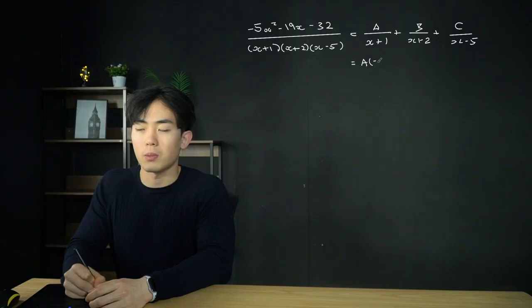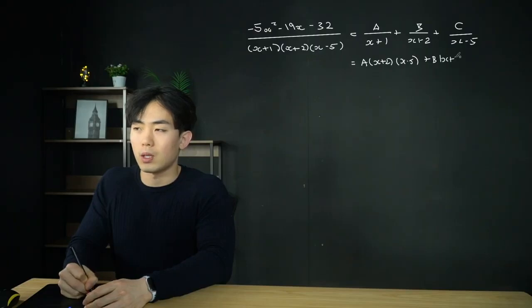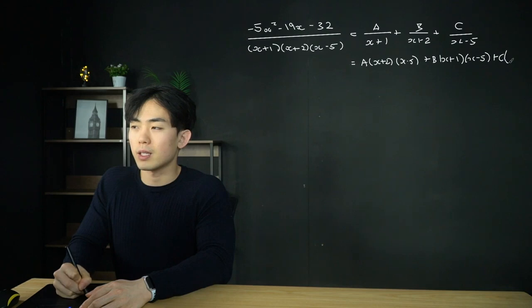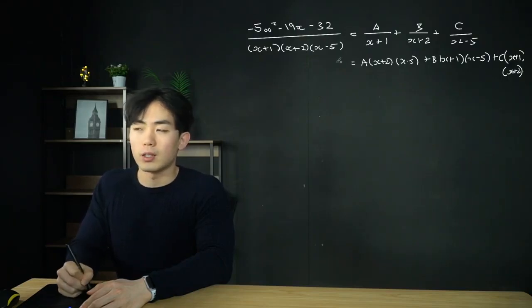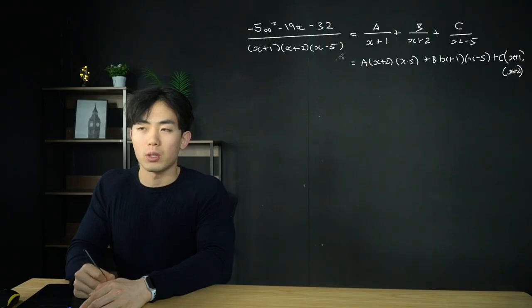So we're going to have a(x + 2)(x - 5) + b(x + 1)(x - 5) + c(x + 1)(x + 2), all over the same denominator as this whole single fraction here. So we can equate this numerator to the other numerator, which is -5x² - 19x - 32.